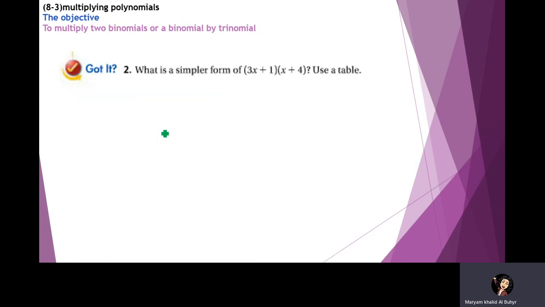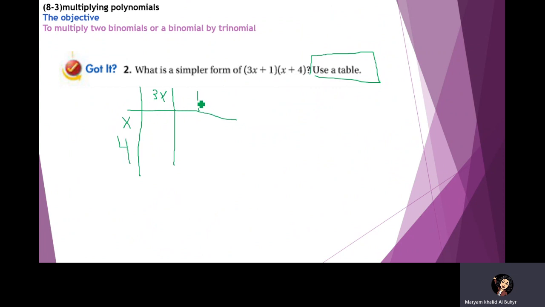Let's move on. Let me give you more exercise. For this one, let's do a table since they asked us or forced us to use a table. Let's use it. So 3x, here is 1. I'm going to write my table like that. Here I have x, here I have 4.